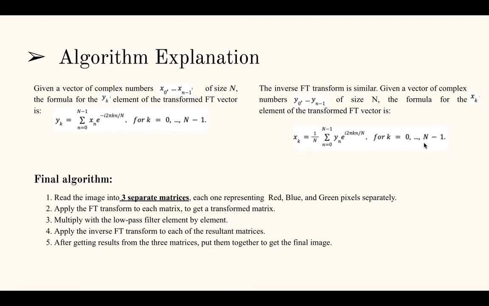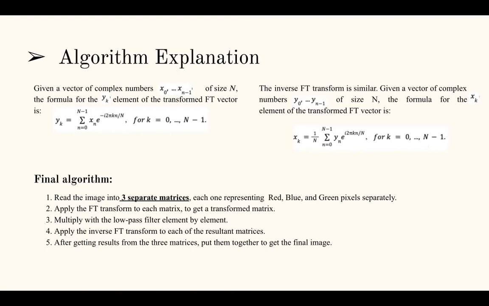So the final algorithm is: read the image into three separate matrices, each one representing red, blue, and green pixels separately. Then we apply the Fourier transform to each column to get a transformed matrix.